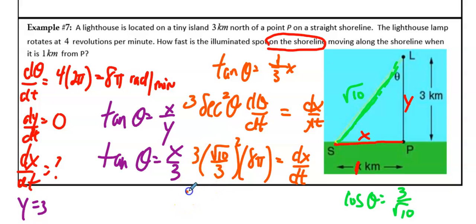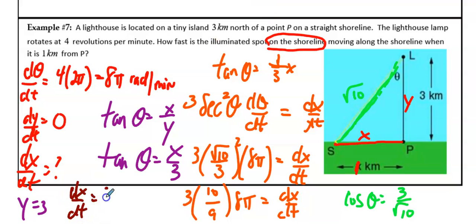And so we're going to get 10 over 9 times 8 pi is equal to dx dt, and when all is said and done, you can give me the answer for this problem. dx dt is equal to 80 pi over 3, right? Because 8 times 10 over 3, yes, pi. Again, we're looking at kilometers, and then this is per time.